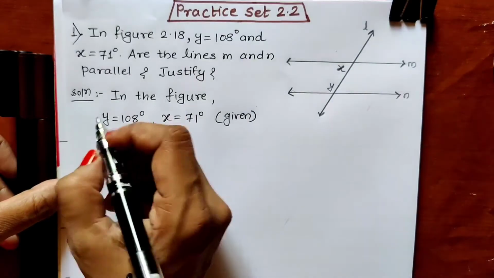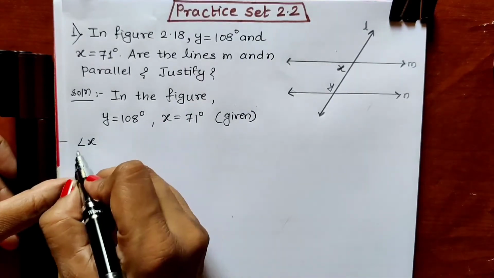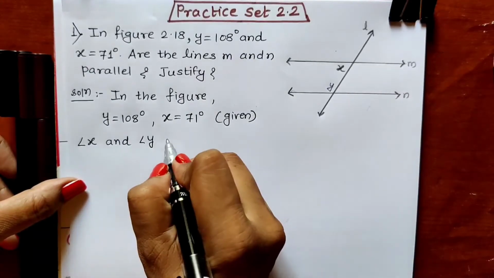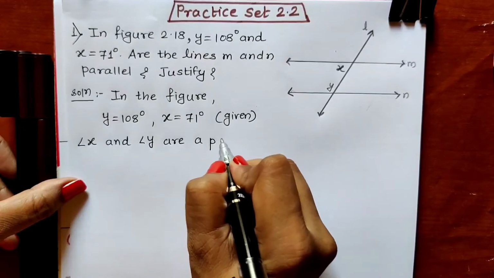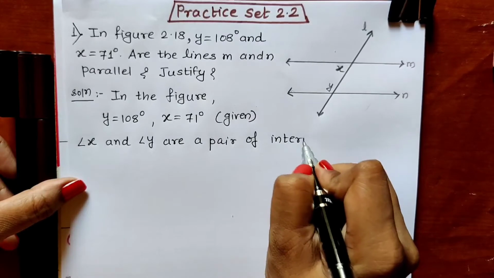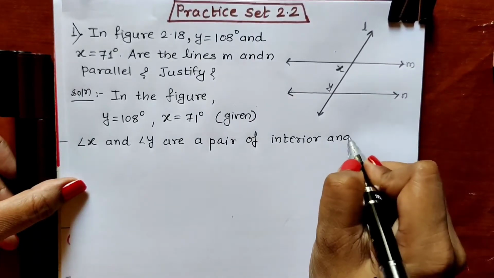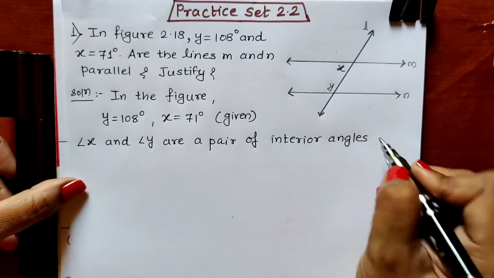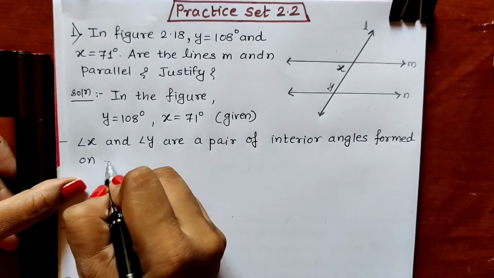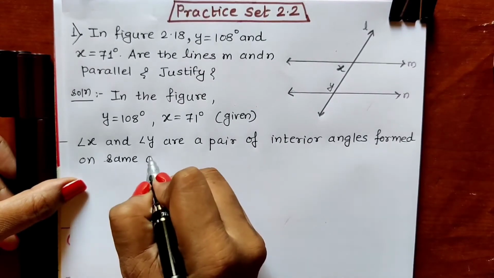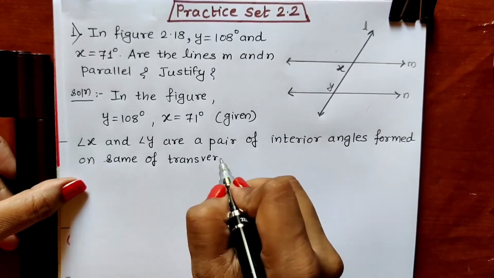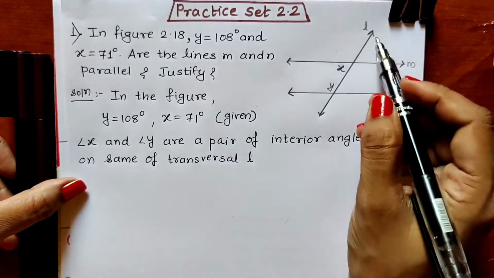Then what we can write? Angle x and angle y are a pair of interior angles formed on same side of transversal L. Line L is the transversal.